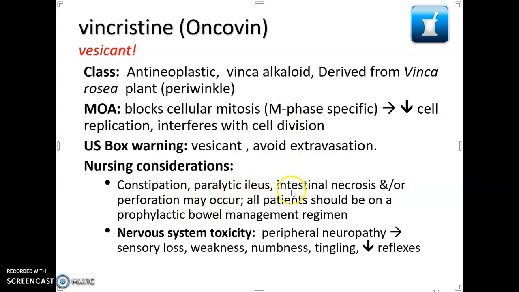It can cause intestinal necrosis or perforation. So you really want to watch for that. This is kind of the one drug that sort of defies what we know about most chemos, which is that they cause diarrhea. This one can cause constipation, and we want to be really aware of that. And then nervous system toxicity that we talked about.